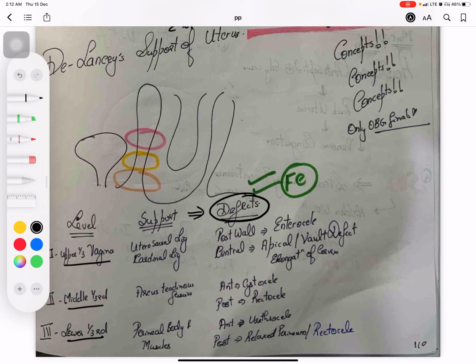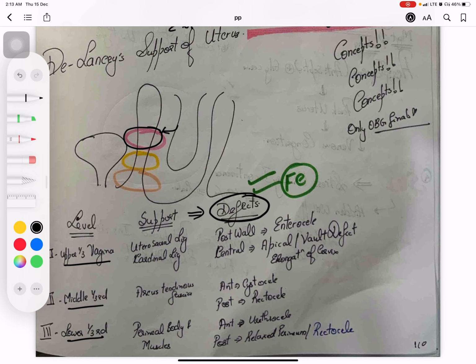Fine. So the upper one third of the vagina is supported laterally by the cardinal ligament and posteriorly by the uterosacral ligament. Now a defect here can lead to an enterocele backward, anteriorly we can have a defect, and then a central defect wherein we'll have an elongation of the cervix.